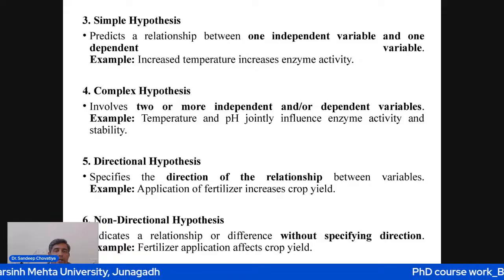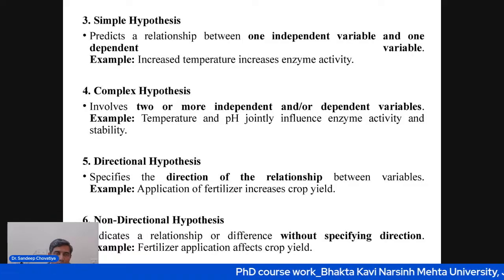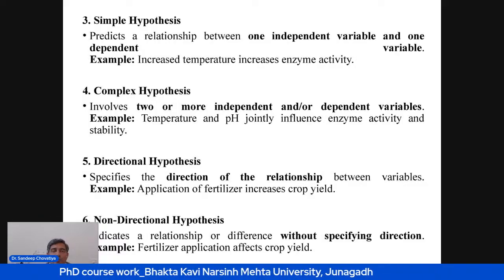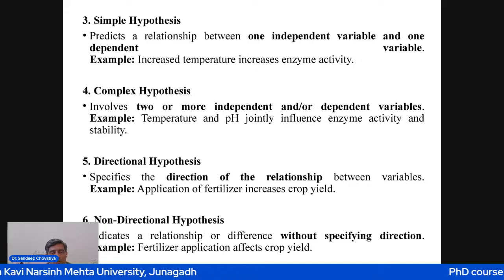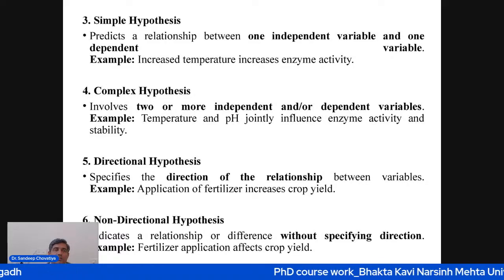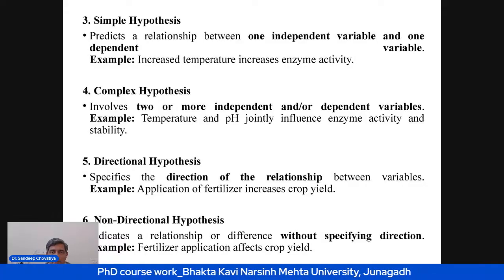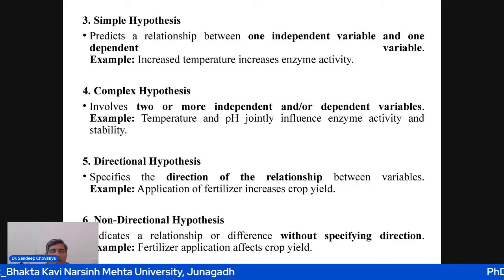They definitely influence the enzyme activity. When we design such a hypothesis, it is known as a complex hypothesis. Students, maybe you now understand what a simple hypothesis and a complex hypothesis are, and the independent and dependent variables.